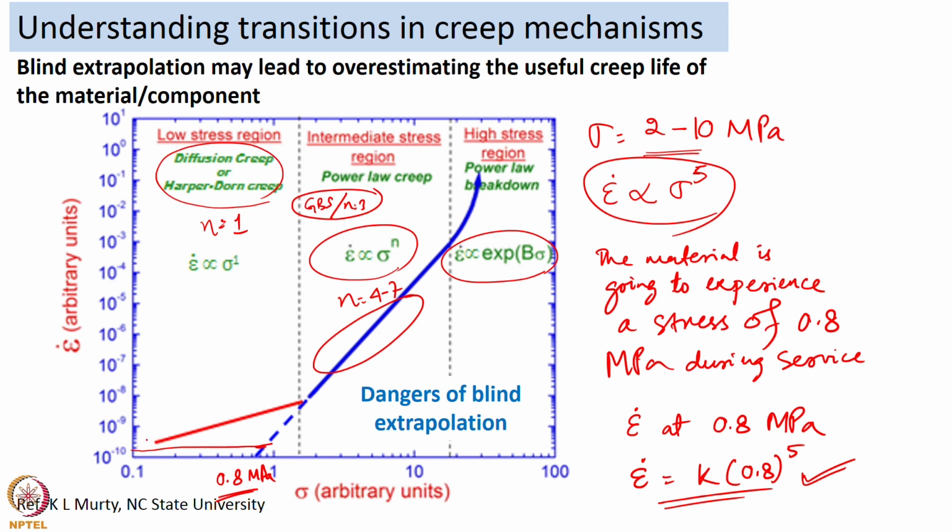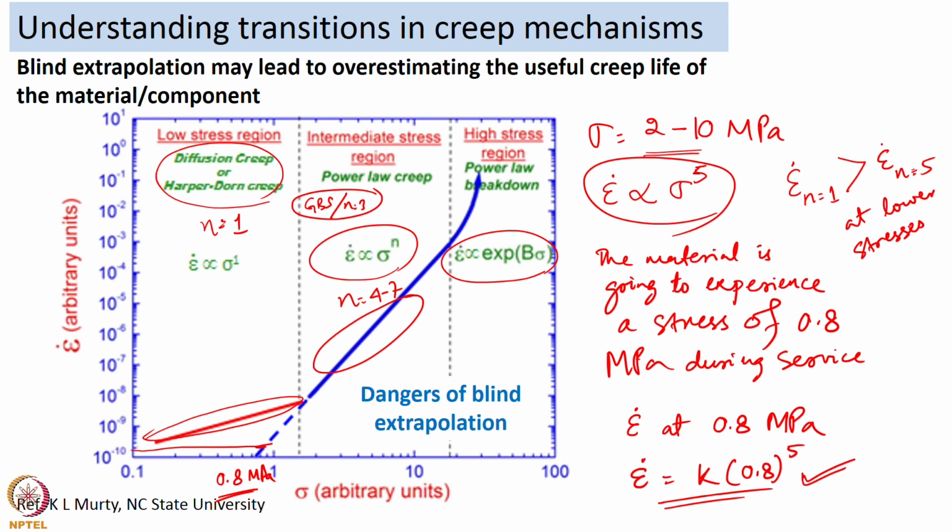There is a big probability that the strain rates of deformation in diffusion creep, in the low stress regime, are higher than what a back extrapolation of power law creep would provide. So, if the material actually transits into a diffusion creep or a Harper-Dorn creep regime, then the strain rates are going to be higher than the strain rates associated with n equal to 5 at lower stresses.